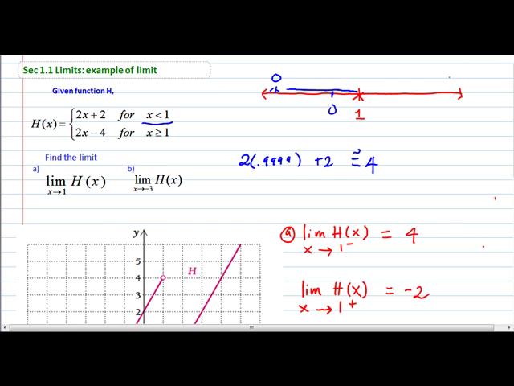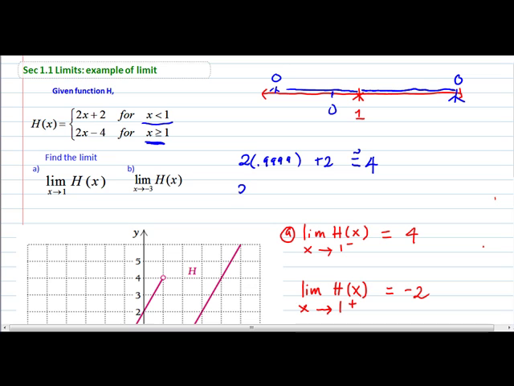Now you can do the same thing for the limit from the right-hand side. When x goes to number 1, we want to go very close to 1 on the right-hand side. You stop right here, about 1.0001, so close. Now 1.0001 is actually greater than 1, so that value belongs inside this domain.